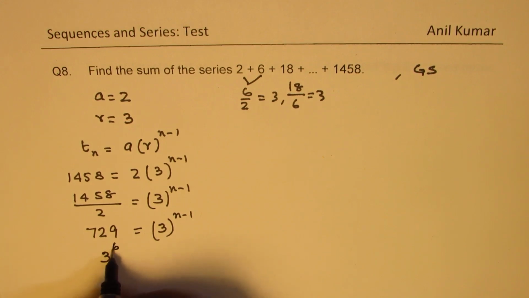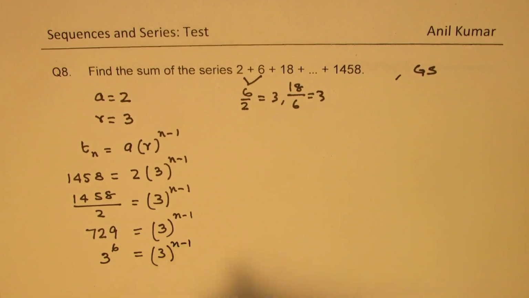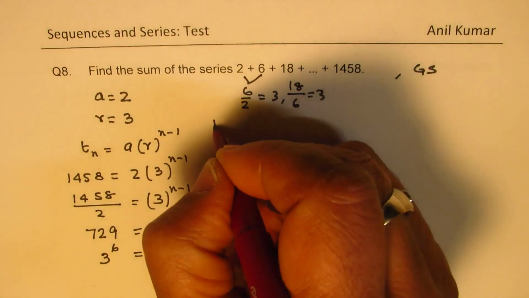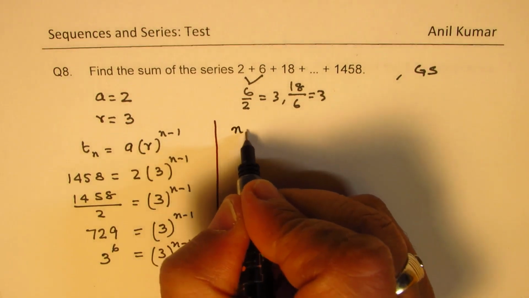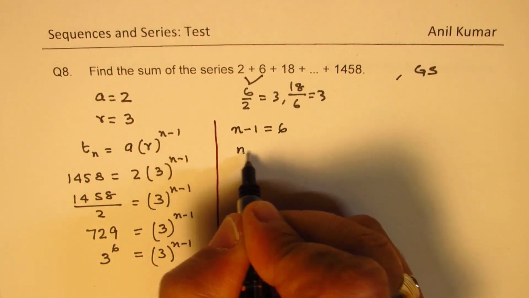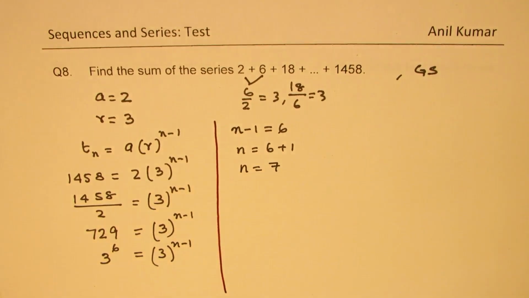So 3 to the power of 6 equals 3 to the power of n minus 1, correct? So from here we can find the value of n. We have n minus 1 equals 6, or n equals 6 plus 1, so we get n equals 7, right? So now we know what n is.